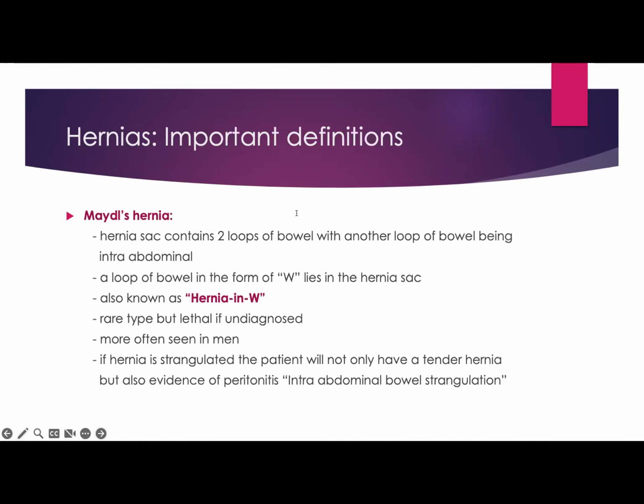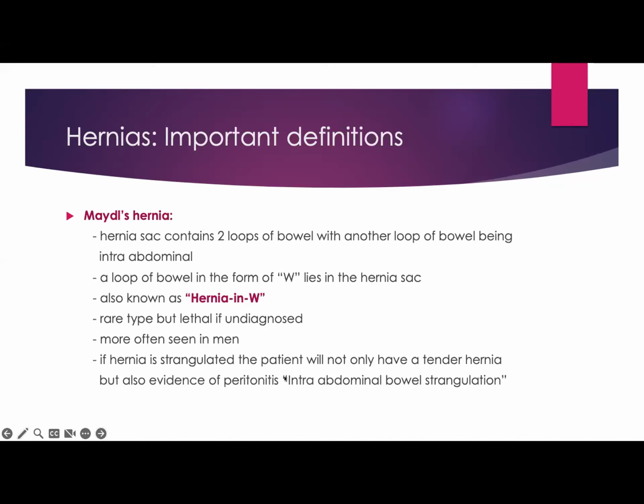So we have another question, which is strangulation of the part in the abdominal cavity only. Yes, we have two loops of the bowel inside the hernial sac, and the middle part would be strangulated.